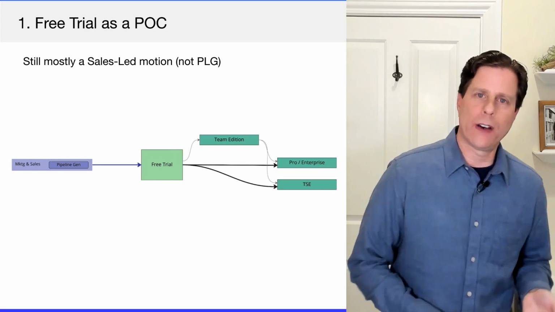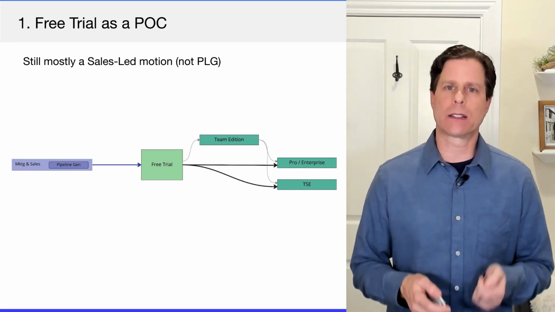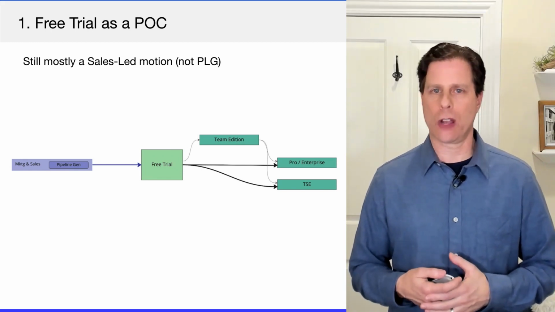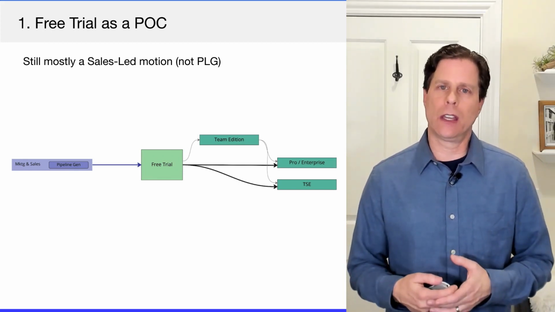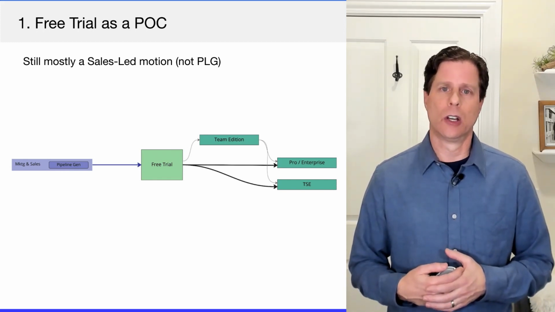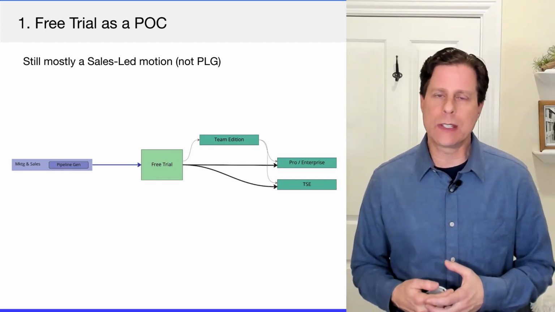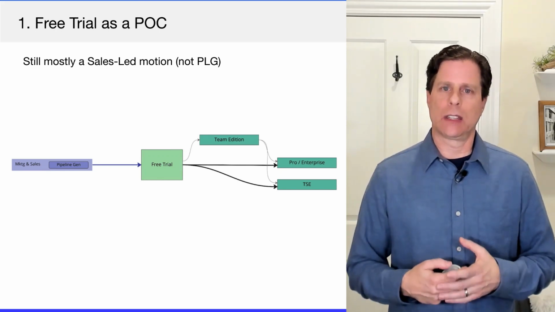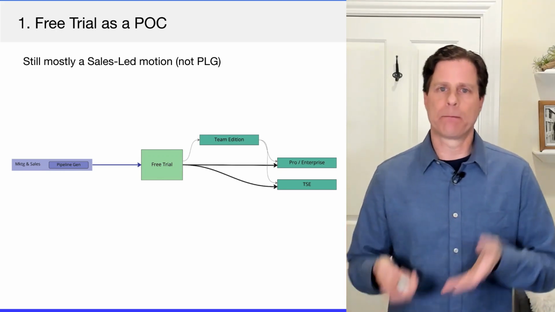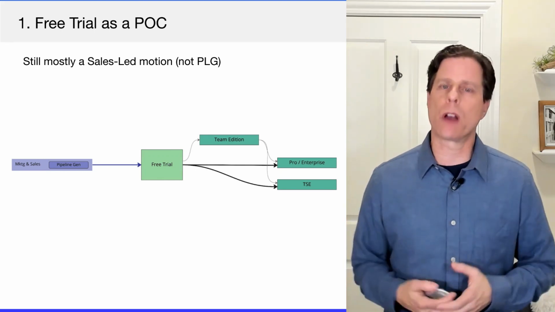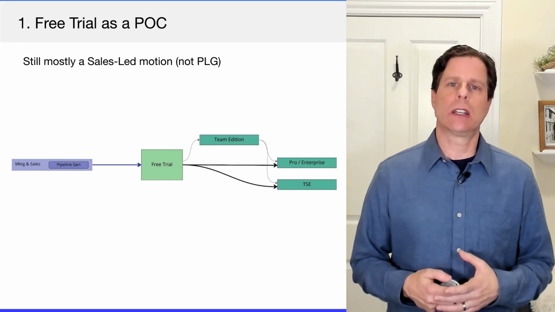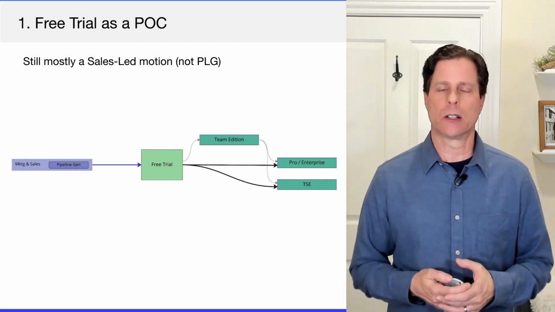The first way we use our free trial is really as a modification of that motion, where once qualified, instead of putting a prospect into a POC, we put them into the free trial. And the advantage there is it's easier to get them into the free trial and it costs us less. We've also added in more recently Team Edition, and the advantage there is if the prospect at the end of the free trial isn't ready to go with Pro or Enterprise or TSC, we can sell them Team Edition and then focus on upselling them later.